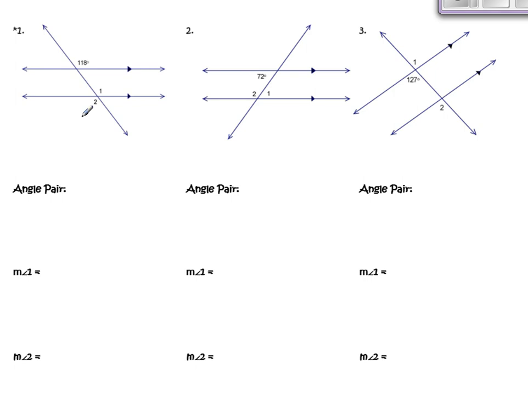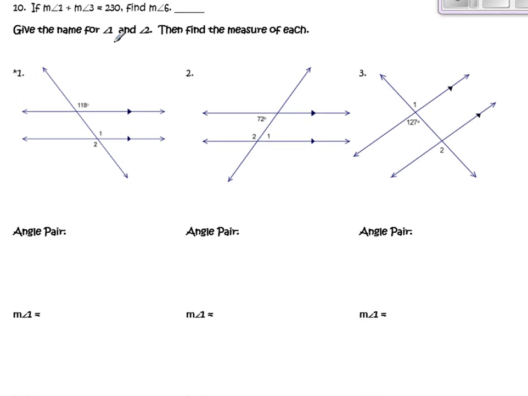Okay, number 1 says to give the name for angle 1 and 2 and then find the measures of each. The name for angle 1 and 2 isn't what we learned this chapter, it's what we learned last chapter. But we're going to have to use what we learned last chapter in this chapter to help us find angle relationships. So the angle pair between 1 and 2 are called vertical angles. And if you remember, vertical angles are congruent.